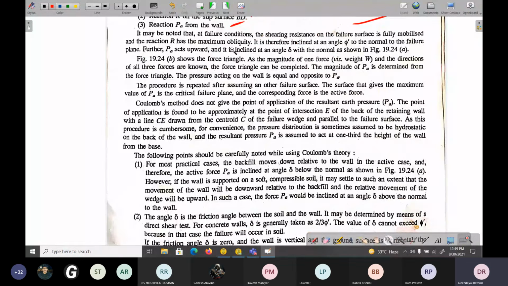It may be noted that at the failure condition, the shearing resistance on the failure surface is fully mobilized and the reaction R has the maximum obliquity, okay. It is therefore inclined at phi to a normal to the failure plane, and PA acts upward, it is inclined at an angle delta to the normal.